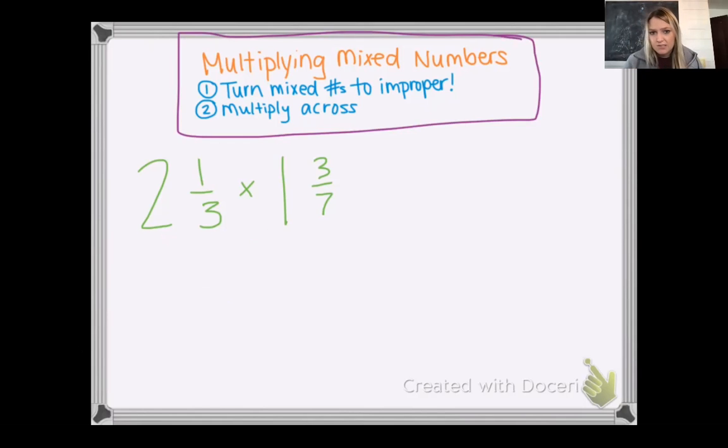Type a smiley face in the chat box once you have this written in the math section of your notebook. Give me a smiley face when you have that written nicely in your notebook.